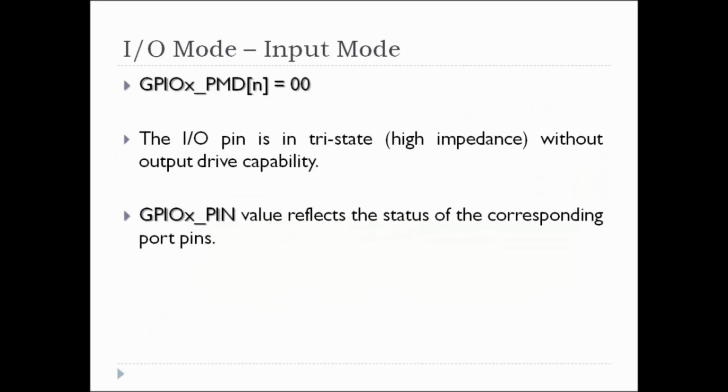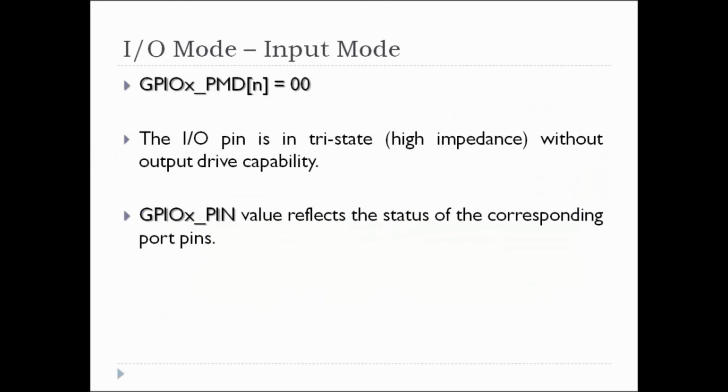Bit locations 0 and 1 define the IO type of pin number 0 of GPIO port A, and bit locations 2 and 3 define the IO type of the next pin of GPIO port A, and so on. These 2 bits are common for all the IOs.